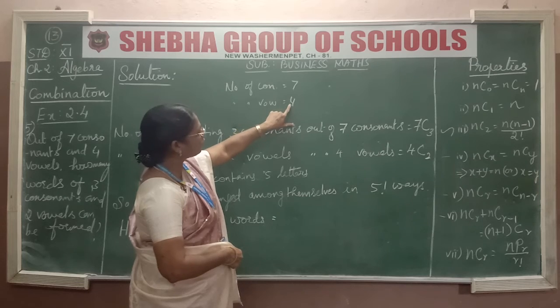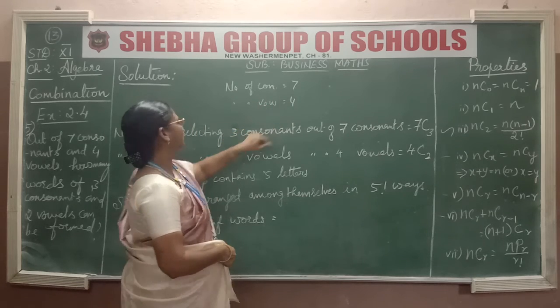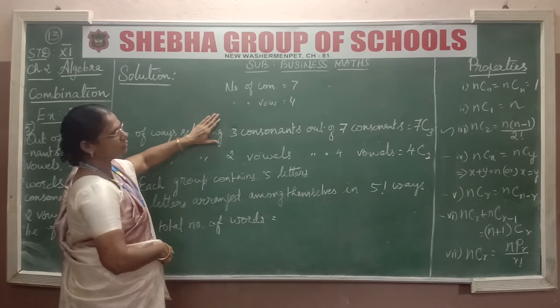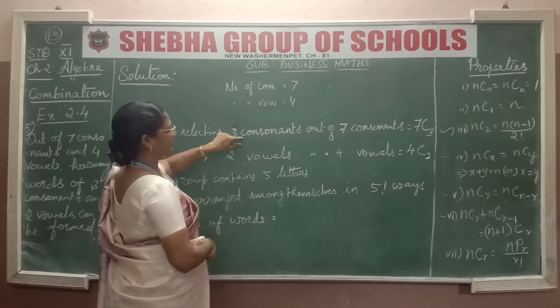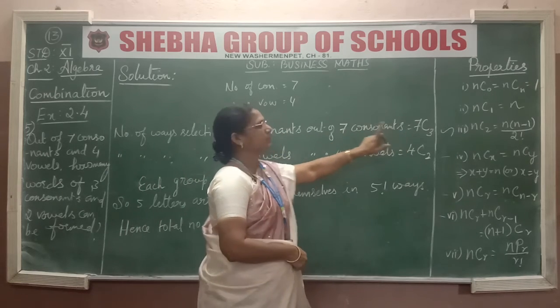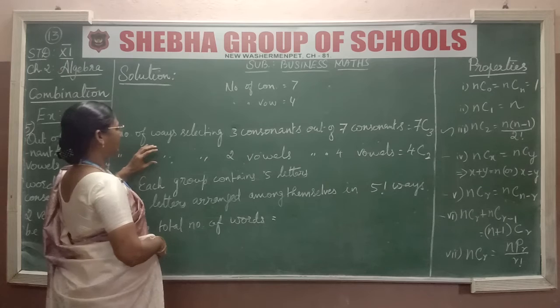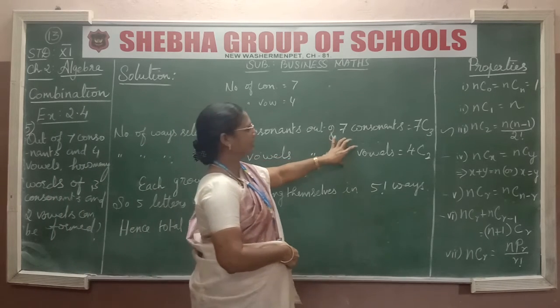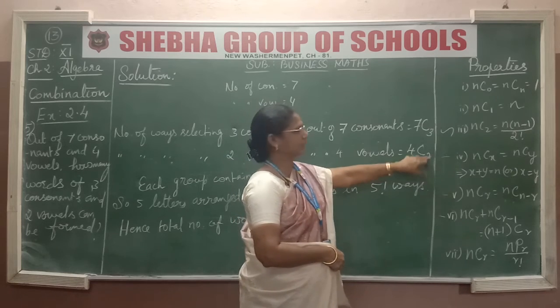Similarly, among 4, we can take 2. This is selecting only, so we use combination. Selecting 3 consonants out of 7 is 7C3. Similarly, the number of ways of selecting 2 vowels from 4 is 4C2. These two are combinations.